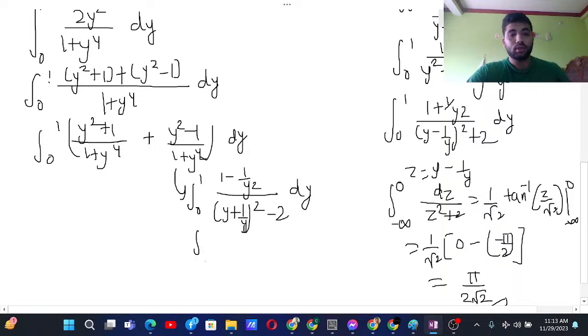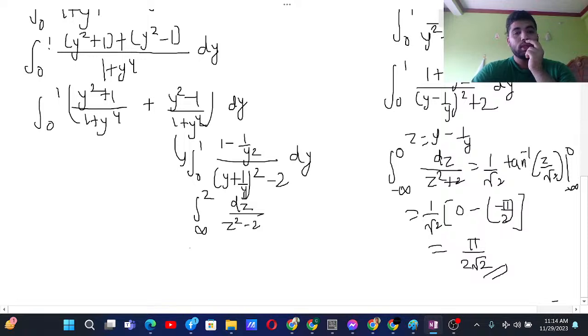So we will have the integral from infinity to 2, dg by g square minus 2. And then that will be 1 by 2 root 2 ln of g plus 2 by g minus 2. This is also a standard formula, from infinity to 2.